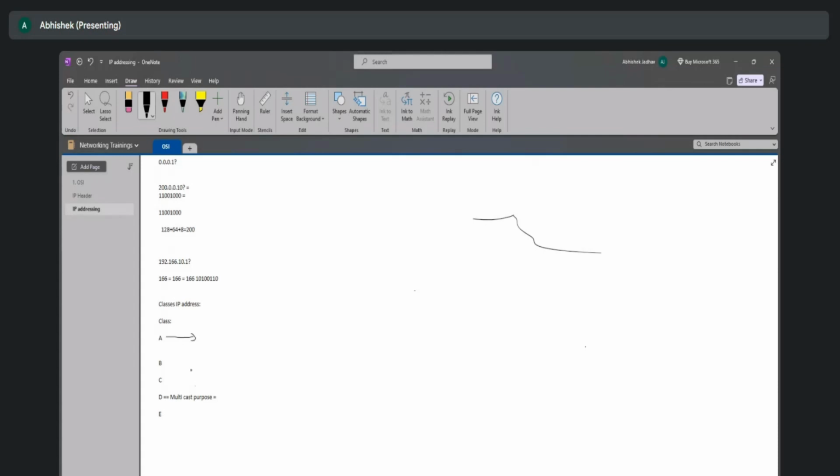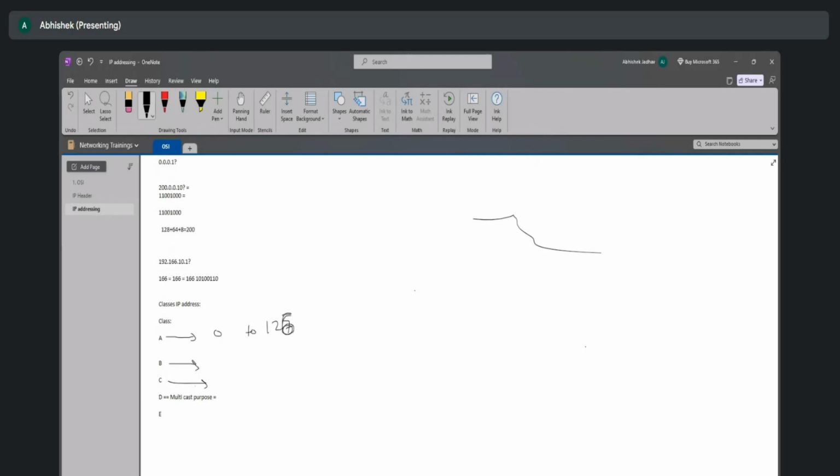Before that, let's jump on to the ranges of these IPs and then we will try to understand. Now, in total, if you see, the class A IP has 0 to 127, but we can write it as 0 to 126.